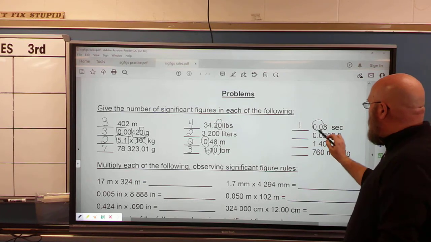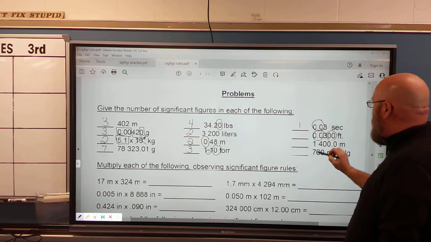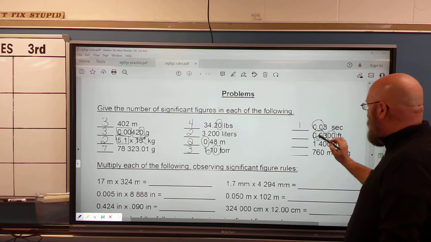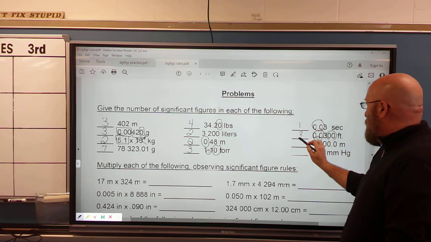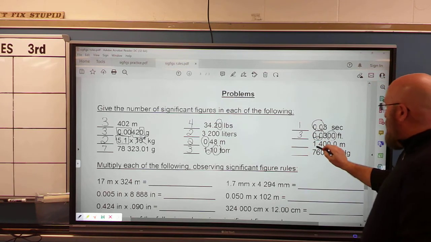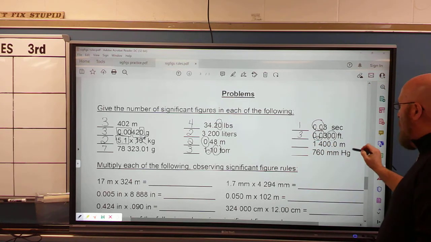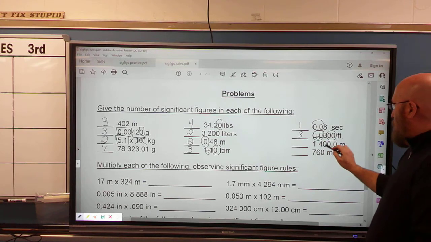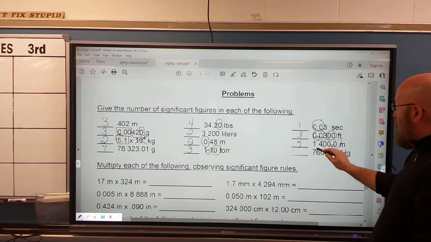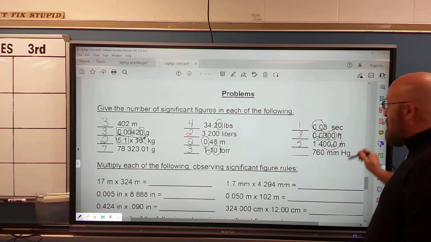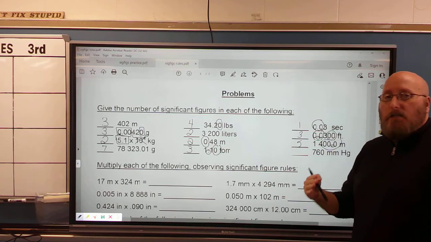0.0300 feet. Leading, don't count. Trailing, if there is a decimal, count. So 1, 2, 3 significant figures. This one right here, 1,400.0 meters. These are trailing with a decimal. They count, so that's 5 significant figures. In other words, this 1,400.0 we measured specifically to that number.